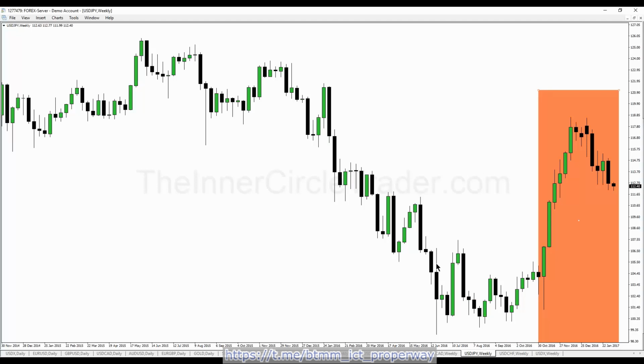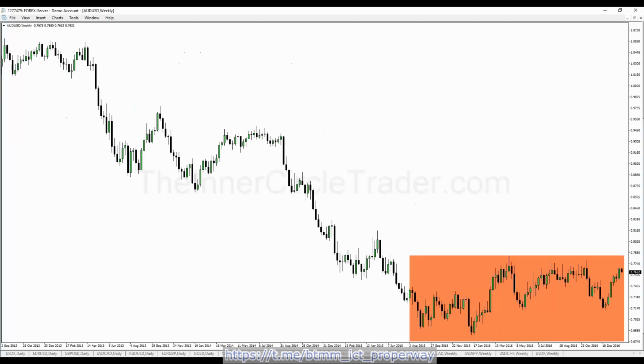But if you go into the other pairs, like the Aussie, say we cut that in half here, it still shows us what? Consolidation. So by looking at the last 3 months, are we in consolidation? If it's left at 3 months consolidation, we may be on the move, and we have to watch it and see. If it breaks out above an old high, we don't want to see it trade back into the range. We want to see it keep on finding new buying. That will give us a swing trading setup. We'll wait for a scenario to transpire on a daily chart, and then we'll take action.